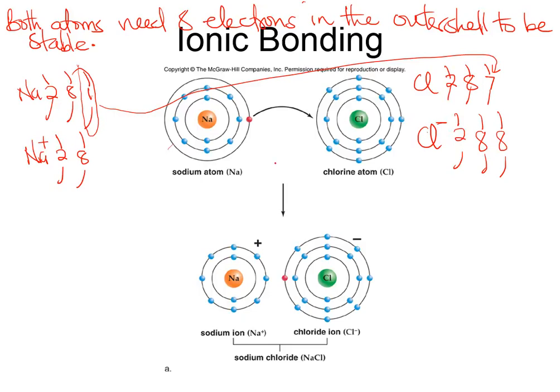So what is going to happen is, like we are seeing here, this electron is alone here, so it gets lost and goes to this chlorine. In the end, you can see inside here we have 2, outside here we have 8. So at this point we have reached the octet for sodium.